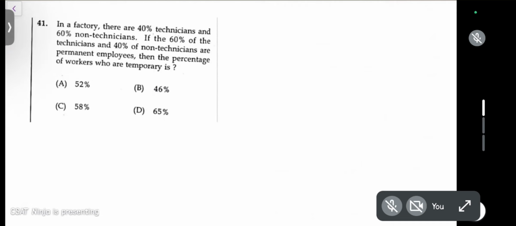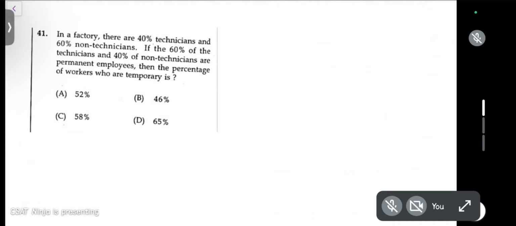I'll try to make a figure out of this. Let's say there is 100%. From this 100%, 40% is technician and 60% is non-technician.